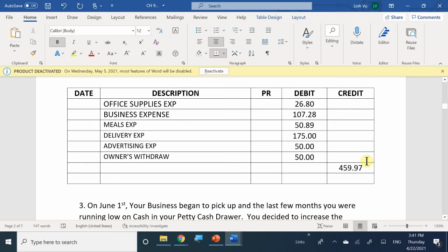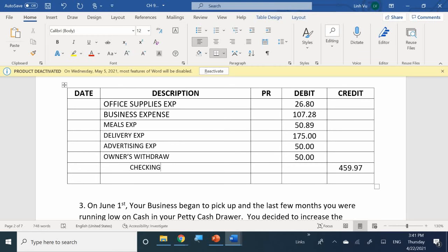Did we have an overage or a shortage? No. That means we're going to write a check for the total amount of 459.97 for all of these expenses, and we recognize all of these expenses. So that is how you replenish the petty cash fund. You total up the receipts, recognize all the expenses they were for, and reimburse the amount.